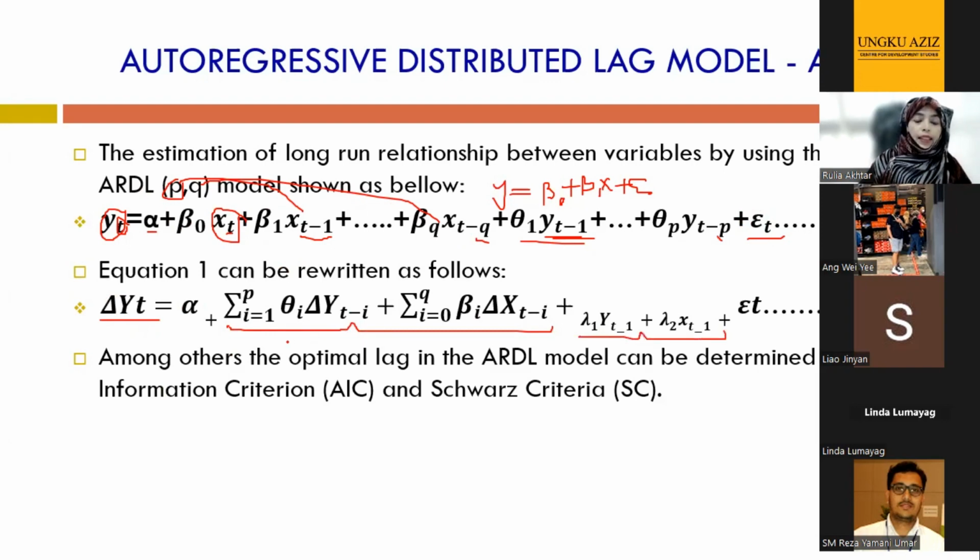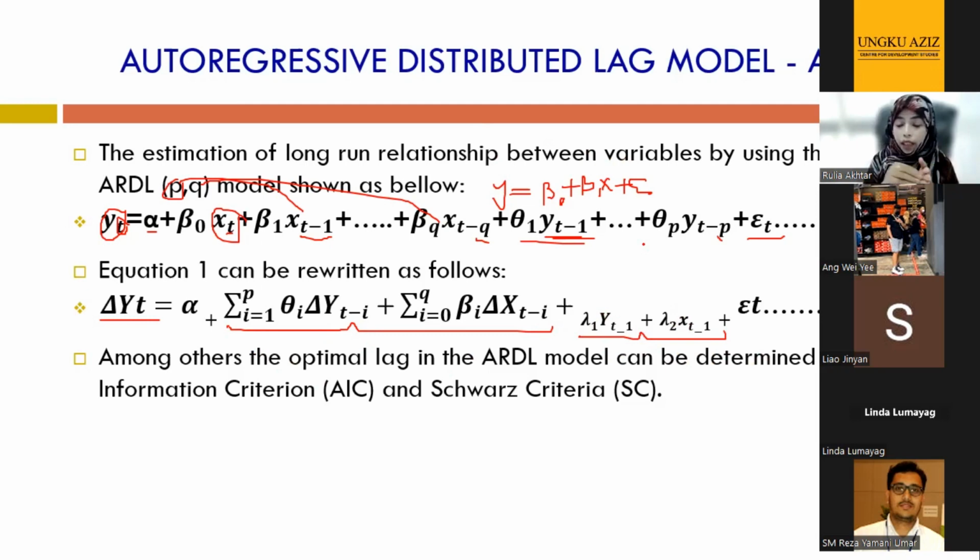Okay, this is the short run equation and this is the long run equation. In the ARDL model, it is very critical to select the lag criteria. So how do we select the optimal lag?